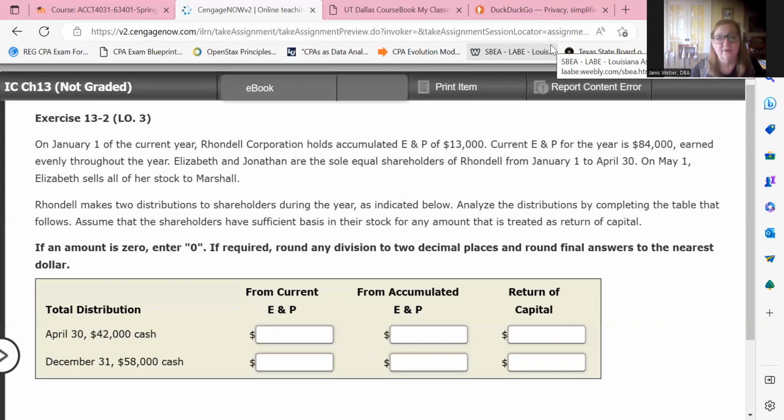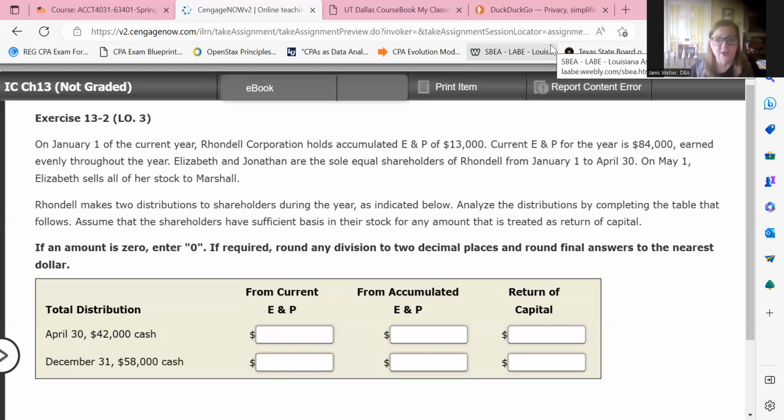All right. And then we have another little kink in this one. This $84,000 for the current E&P is assumed to be earned evenly throughout the year. And Elizabeth and Jonathan are the sole equal shareholders of Rondell from January through April 30th. But on May 1st, Elizabeth sells all of her stock to Marshall.